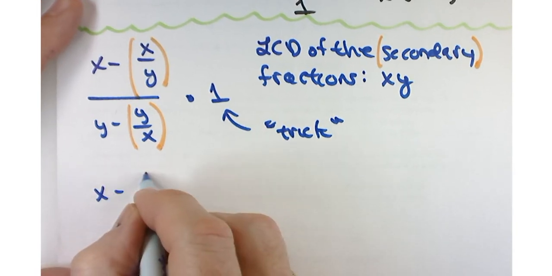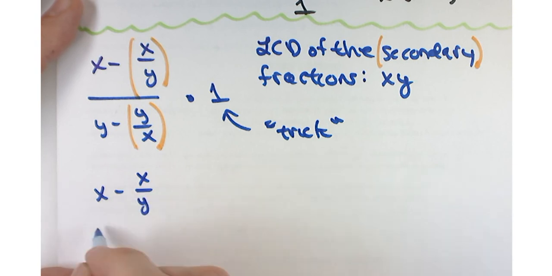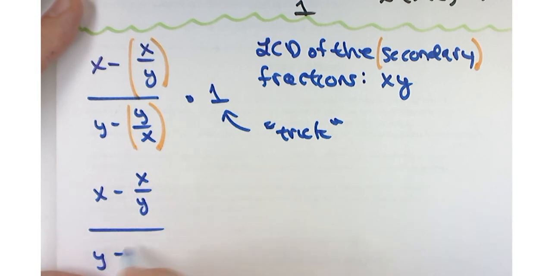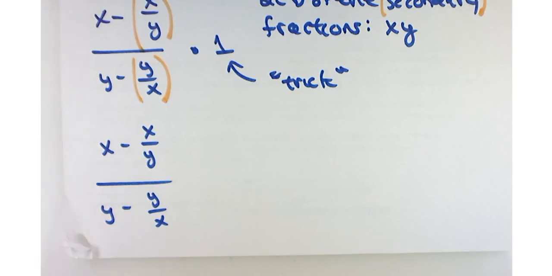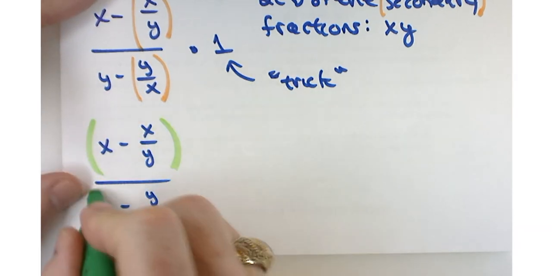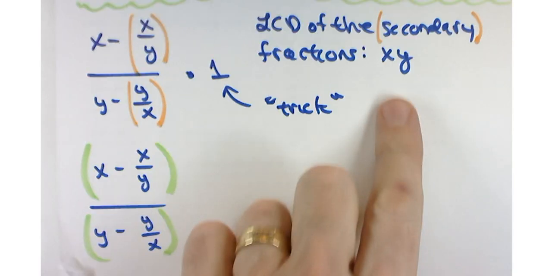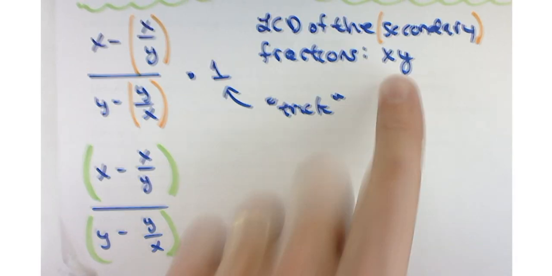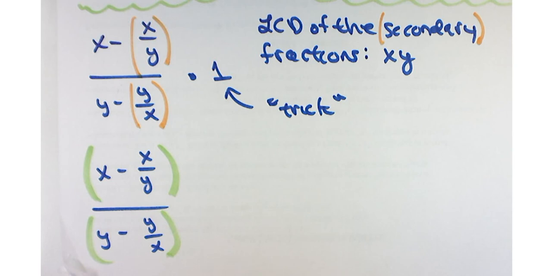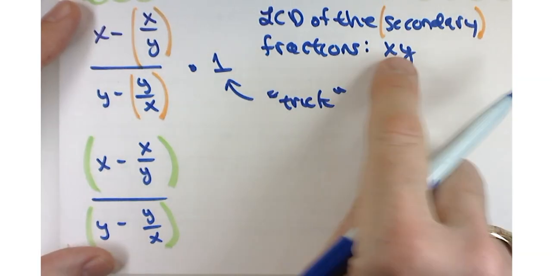Now, multiplying by 1 is not really going to change much, but if we do it right, then it will make a nice difference. So how am I going to do this? Well, I've got this wonderful common denominator that I just came up with, x and y, and I'm going to multiply by 1 in some form.